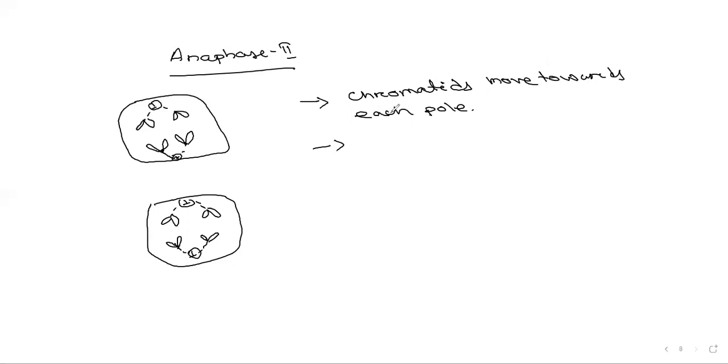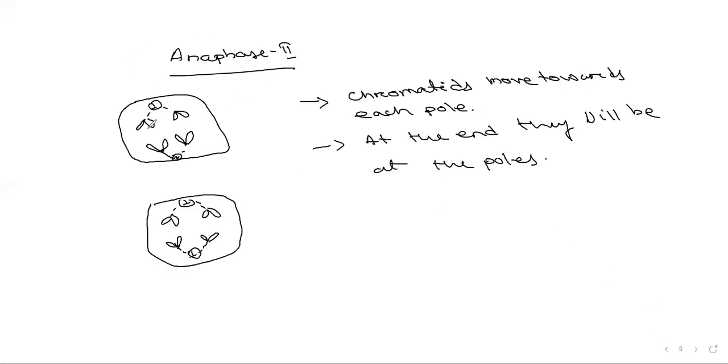Okay, and at the end they will be at the poles. So this is your anaphase 2.